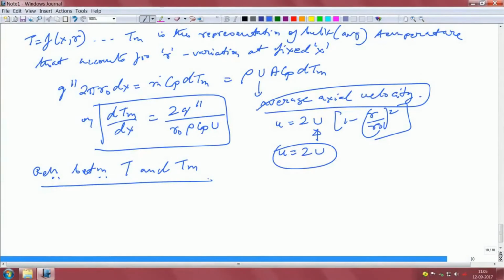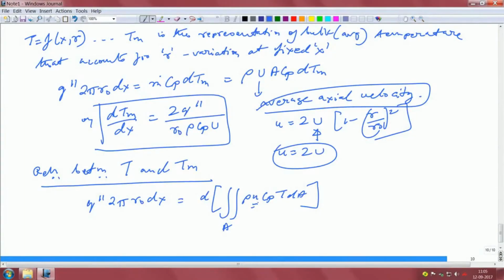So, for the relationship between Tm and T, if you write this expression once again in the proper form, what you will get is the area integral of rho u Cp T dA. That is the total change if you take into account the temperature.